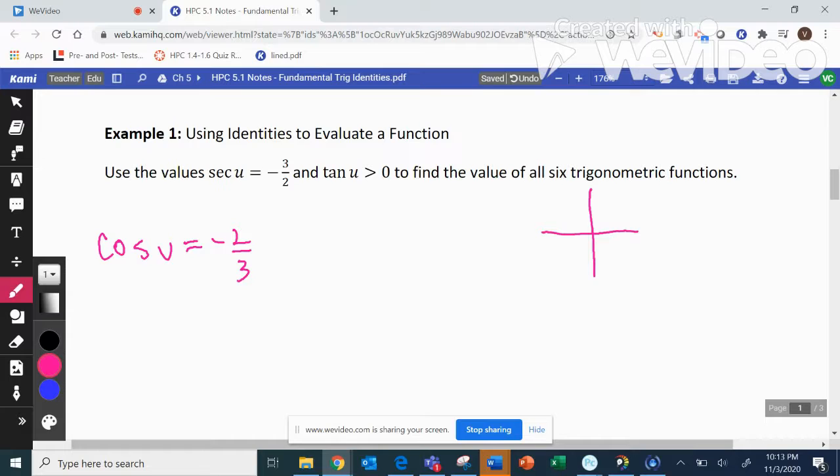So cosine is negative. That is putting us in one of these two quadrants. And then we also know that tangent is greater than 0. So where tangent would be positive, that's putting us in the third quadrant. So we know that we're in the third quadrant for our theta.